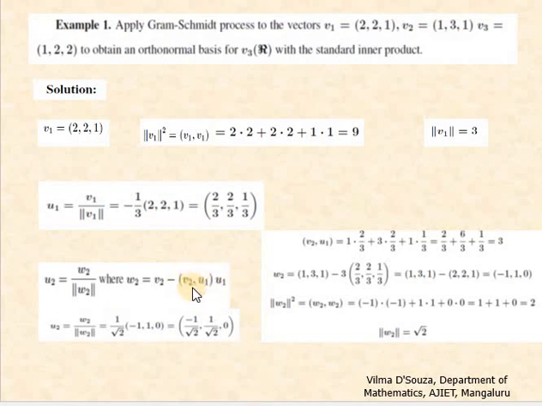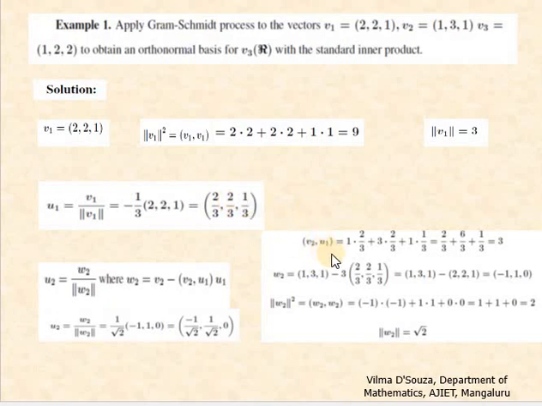Now you can separately find this V2 comma U1, the dot product of V2 and U1. What is your V2? 1, 3, 1. And what is your U1? Not V1, U1 is 2 by 3, 2 by 3, 1 by 3.